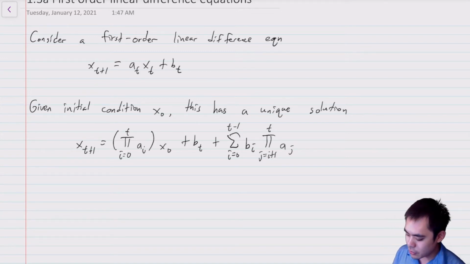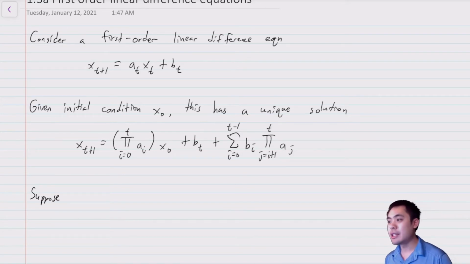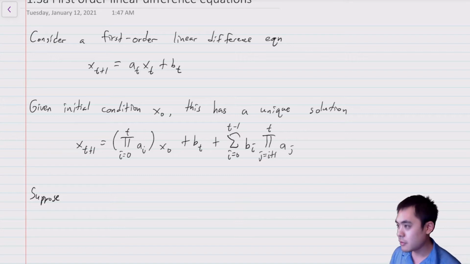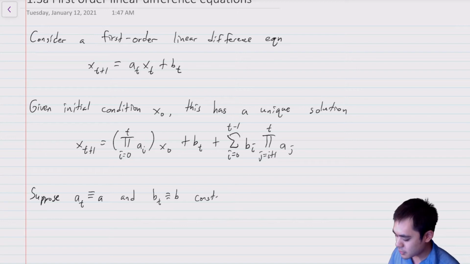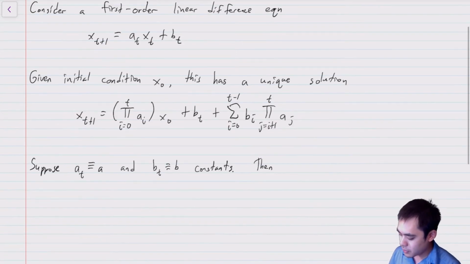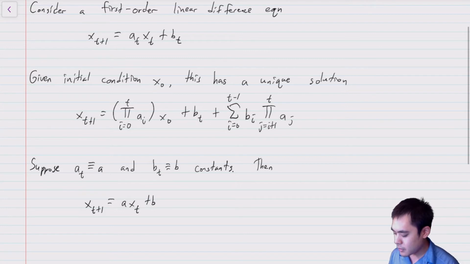But now, it turns out that if our a's and b's are constant, then we get a geometric series, and there's actually a very nice closed form formula for it. So suppose a sub t is equal to a, and b sub t is equal to b, and these are constants. Then, plugging those in, we get x sub t plus 1 is equal to a x sub t plus b.